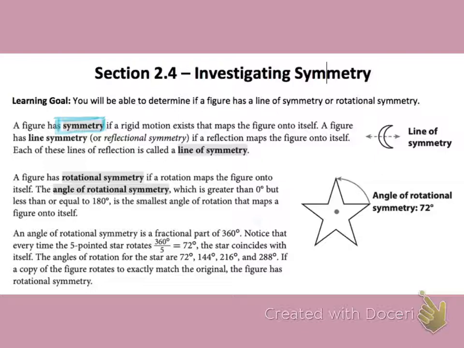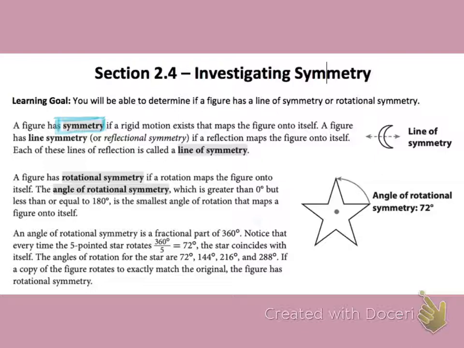So remember we talked about rigid motion, and rigid motion is basically saying that it's some sort of transformation that does not change the size and shape of the figure. It just keeps it looking exactly the same, but maybe in a different position.